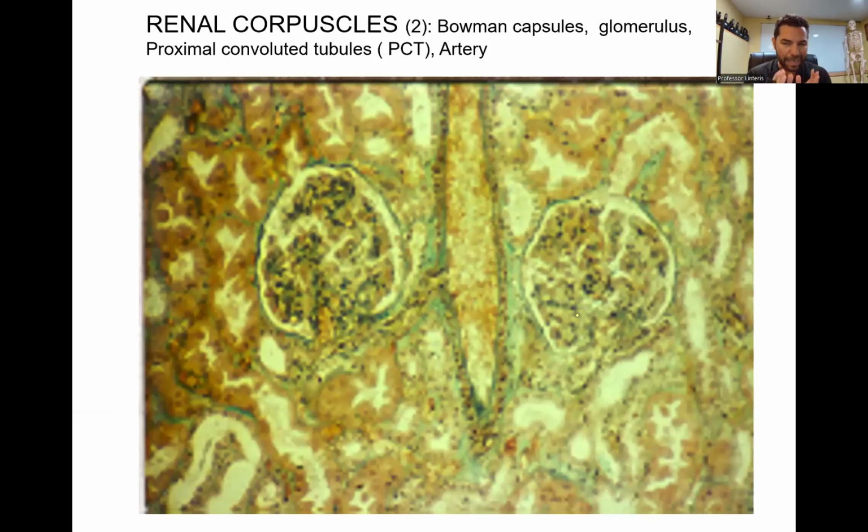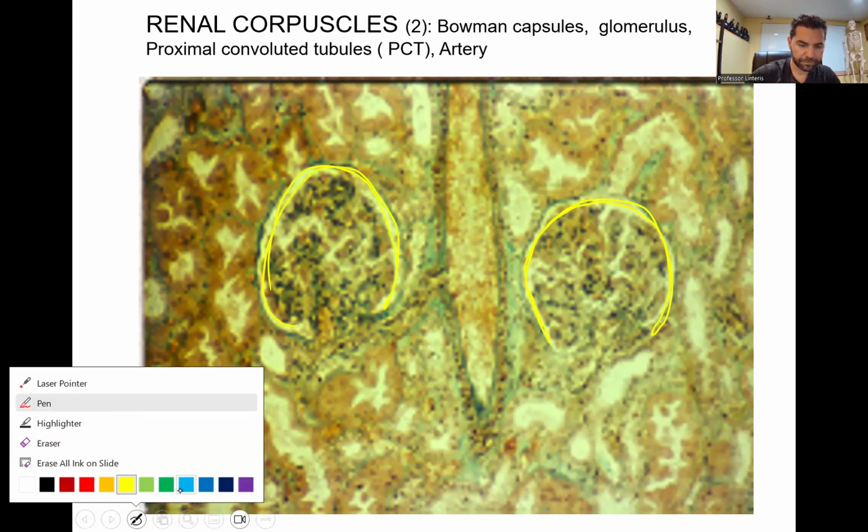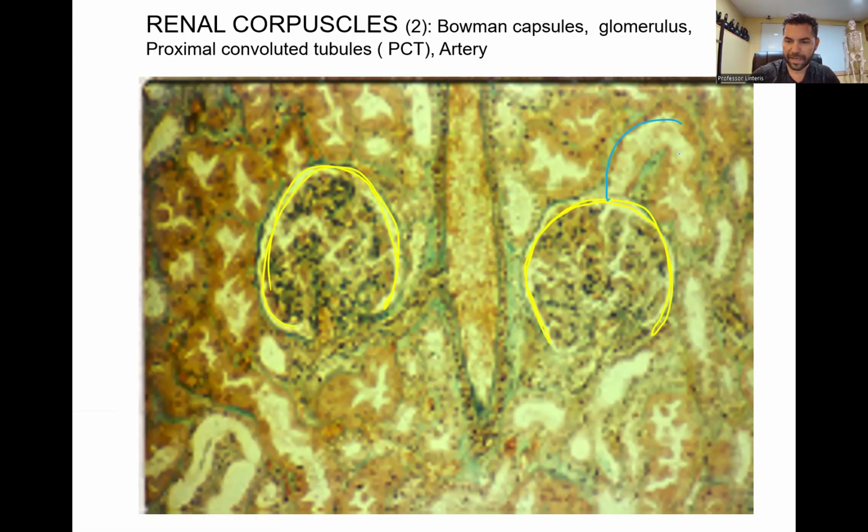This is zooming in on our renal corpuscles, and we'll see a couple pictures like this. Right off the bat, the first thing I recognize is that Bowman's capsule. Coming off the Bowman's capsule will be the PCT.